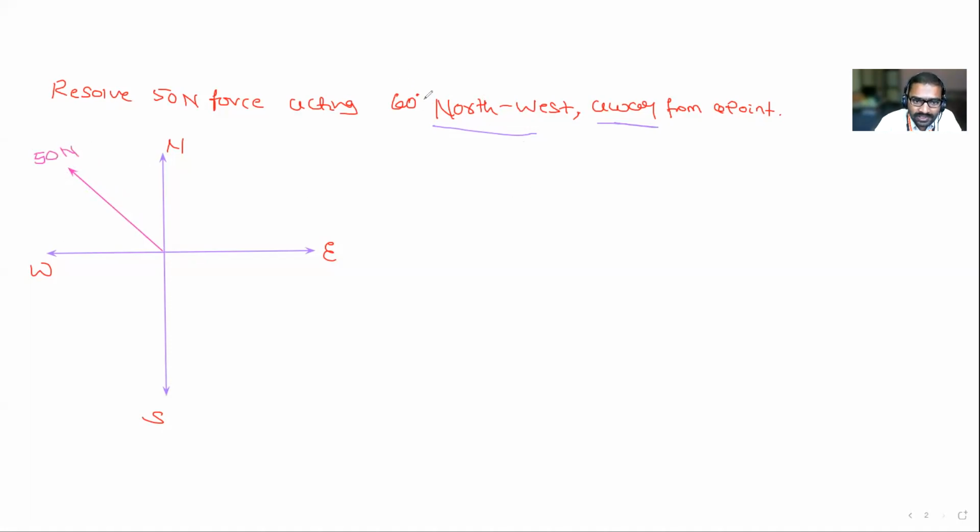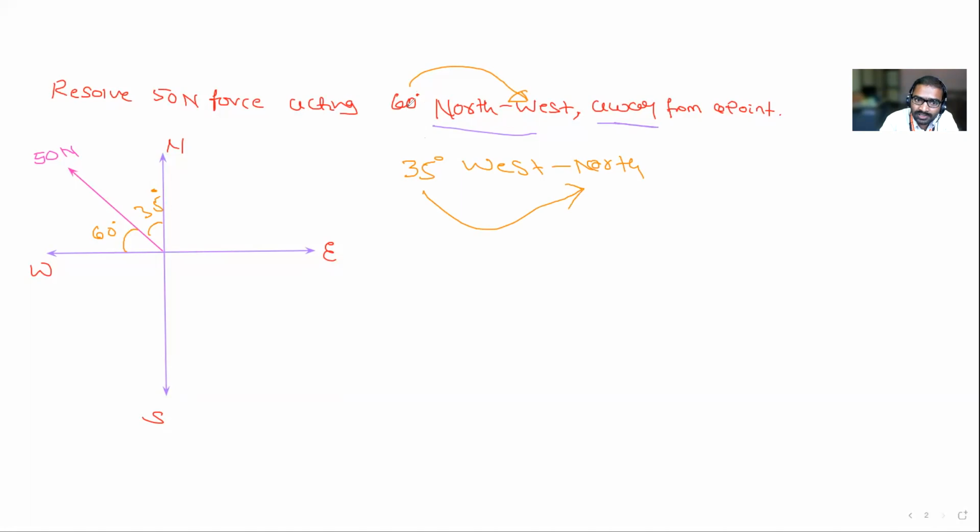Next see this angle, whether it is with respect to vertical or horizontal. He has given 60 degree, and the last word he gave is west, so the angle is with respect to west. If it is 35 degree west north given like that, then it would be measured from the north, 35 degree.